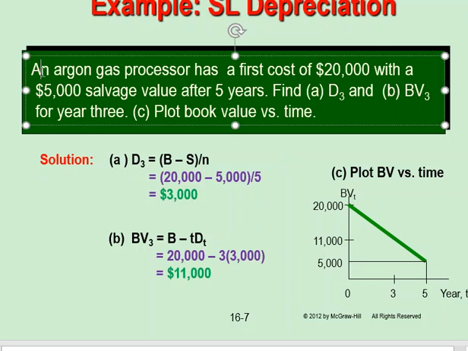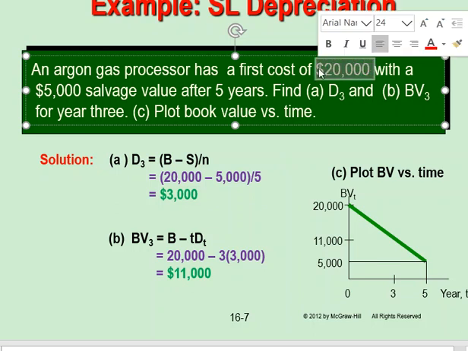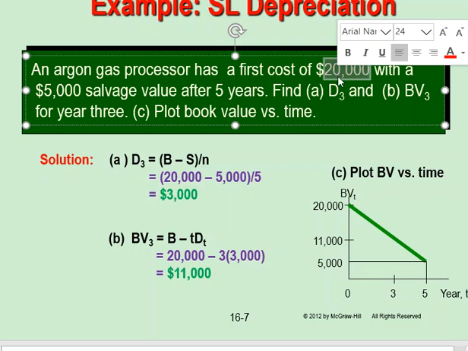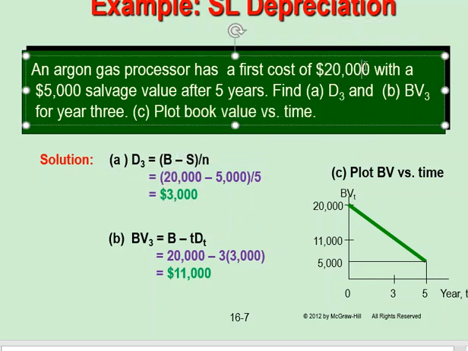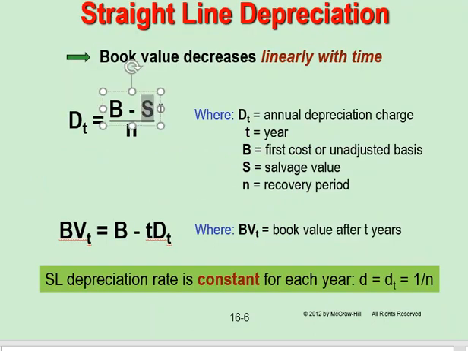They are telling me an argon gas processor has a first cost of $20,000. So what's this $20,000? This is B, $20,000, with a $5,000 salvage value after 5 years. So we do not have a salvage value per year. We get the salvage value after the period of depreciation, the interval of the depreciation.